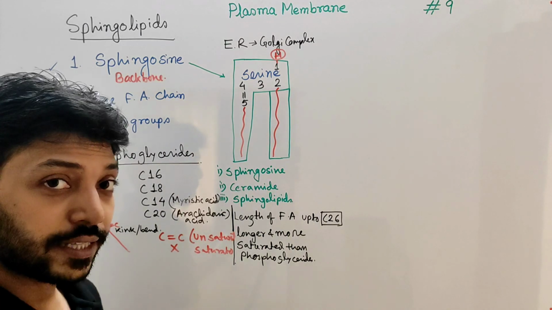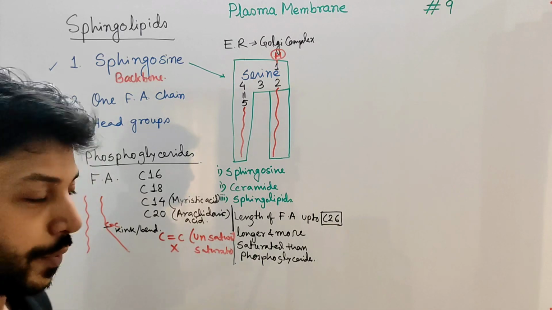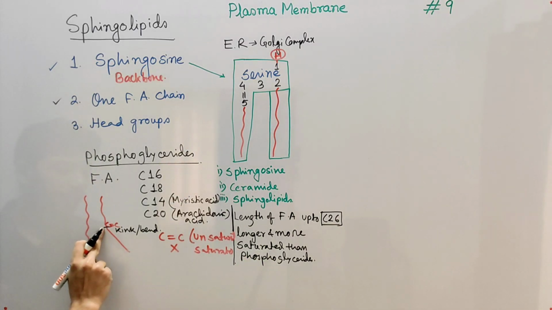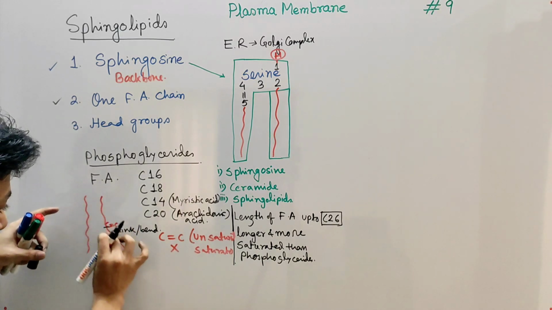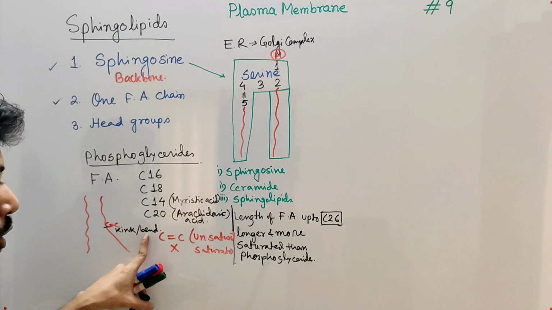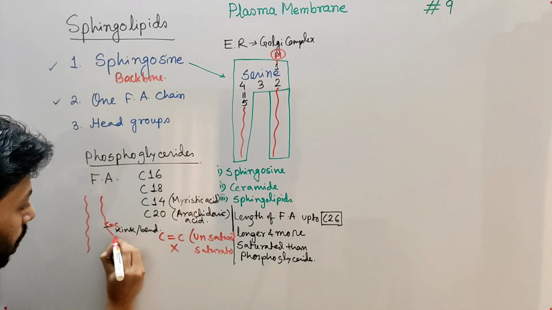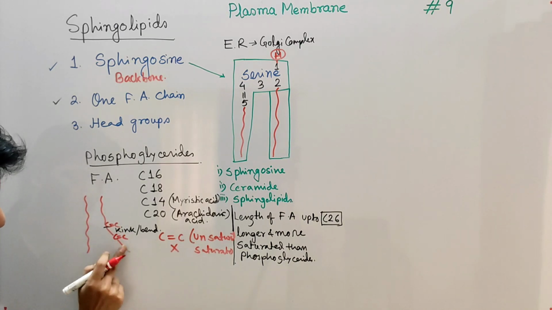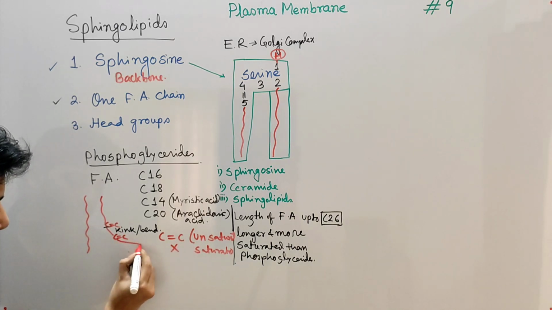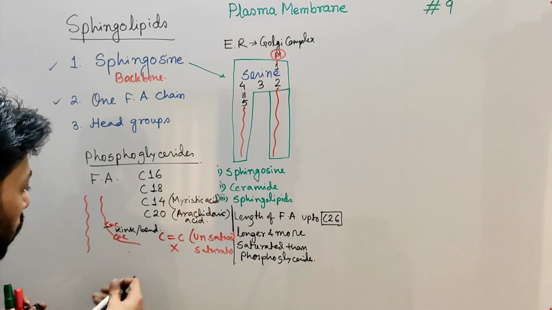And this has a very important role in the fluidity of the plasma membrane. As you can see, the presence of carbon-carbon double bonds has an important role in the structure of the fatty acids, because where there is a carbon-carbon double bond, there will be a kink or bend. Let's suppose a carbon-carbon double bond is present here, the structure will not be straight like this, it will be bent like this. So where there is a CC double bond, there will be a kink.